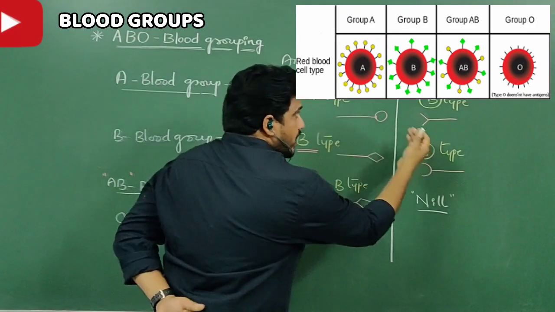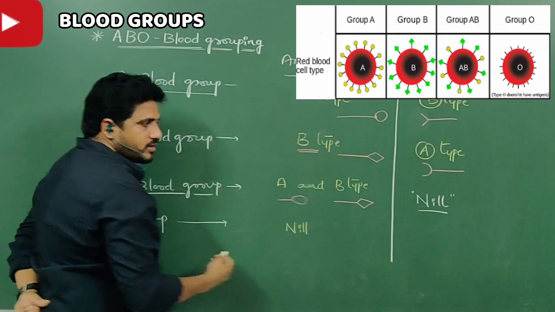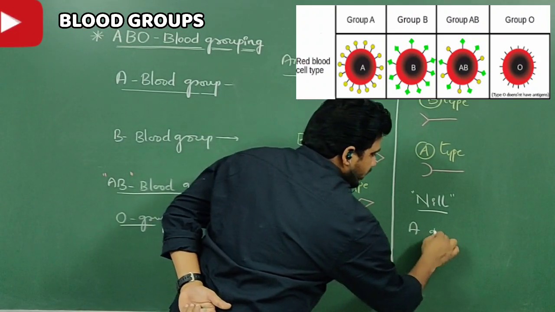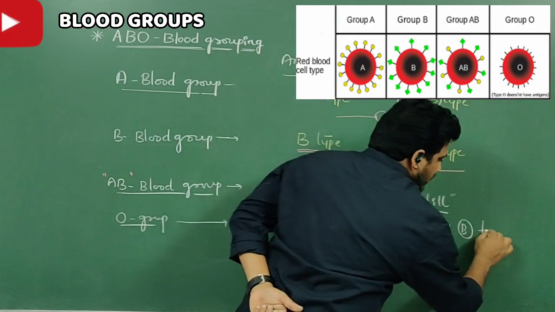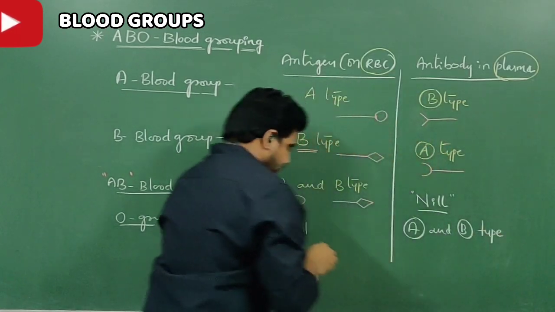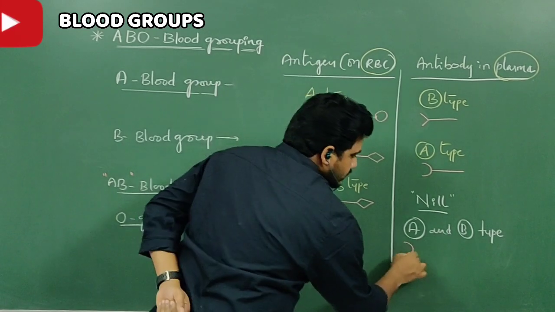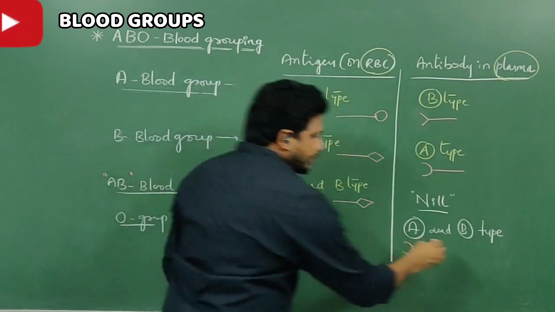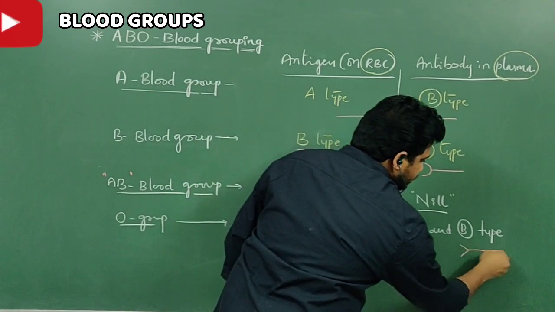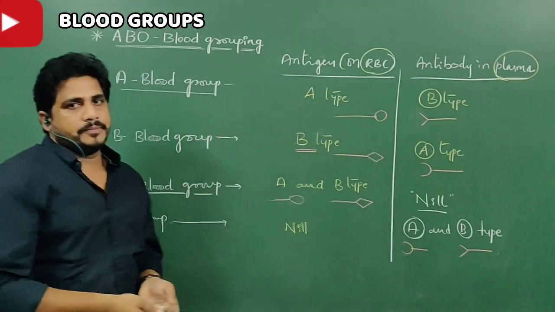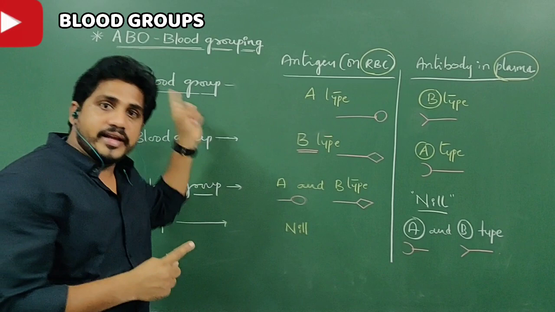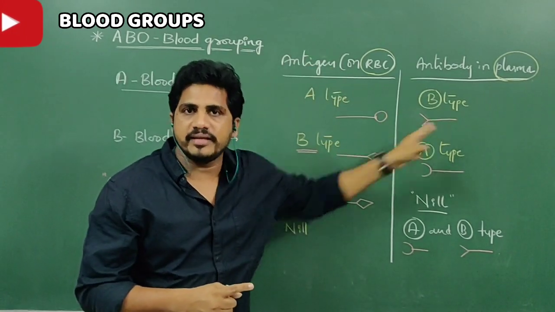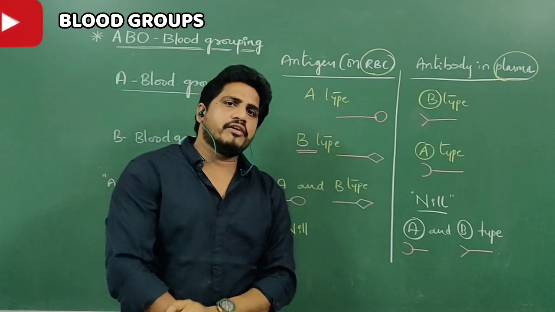But in the plasma of the O blood group person, both A and B type of antibodies are present. A type is this one and B type is this one. Both types are present. In an A blood group person, on the RBC, antigen A, and in his plasma, antibody B is present. That is the definition of an A blood group person.